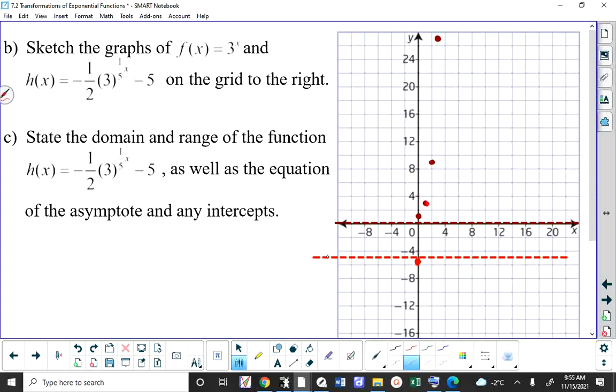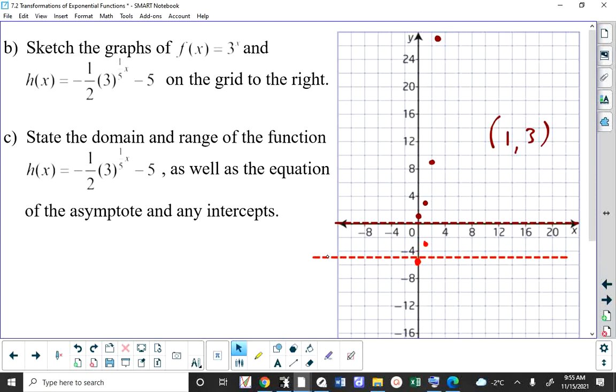This one, I mean, you have to kind of be aware that that point that I've just labeled there is at 1, 3. You have to be aware of the numbers we're dealing with. So I reflect it vertically. It's going to be at 1, -3.